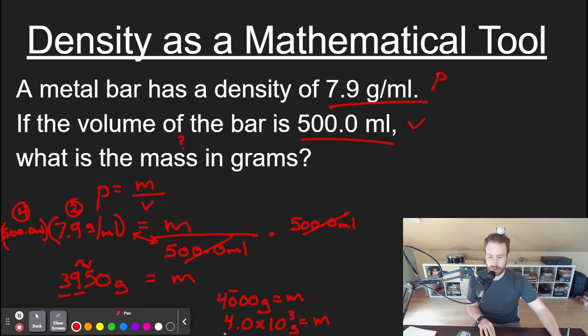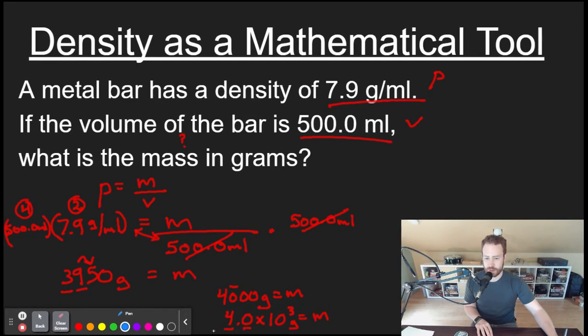That tells you that there's 2 sig figs, the 4 and the 0, and there's not really any confusion about how that works. So this should be our answer.